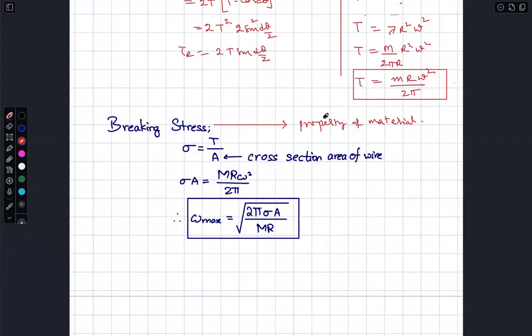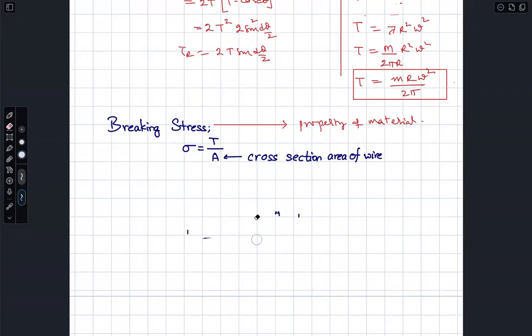That should be considered. Suppose the breaking stress and breaking tension are related as sigma A. In this case, they are rotating, increasing the speed, but you have a limit.